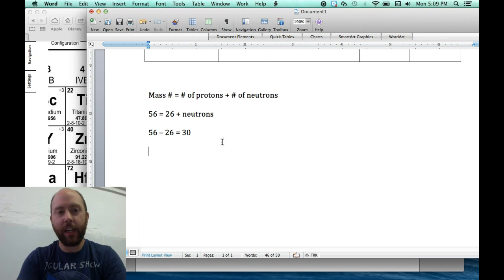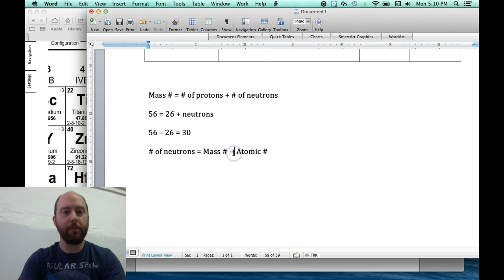If you're looking for the number of neutrons, simply do this. Do mass number minus atomic number. Or if you really wanted to, you could have said mass number minus the number of protons.